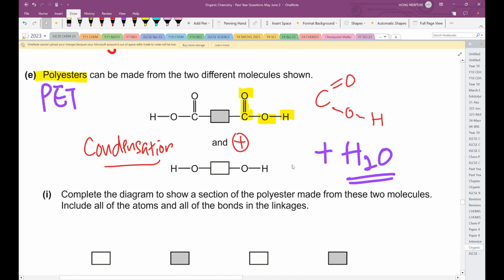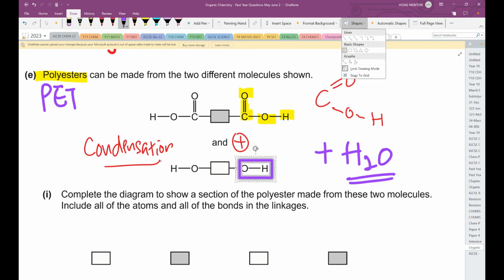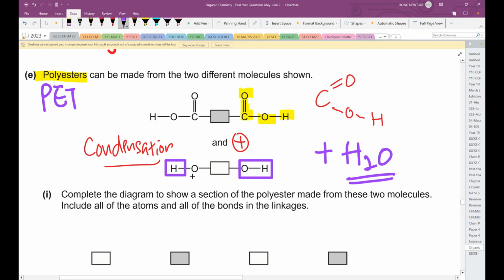So how to get rid of H2O? You need to cut the H2O. So where is the H2O? That means this OH and another OH over here, you need to cut.